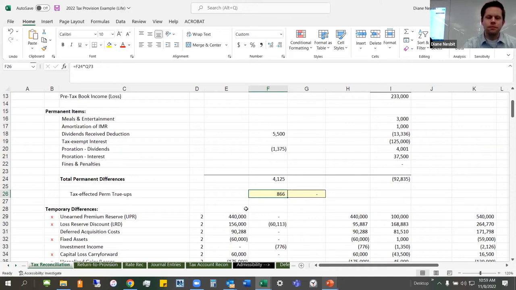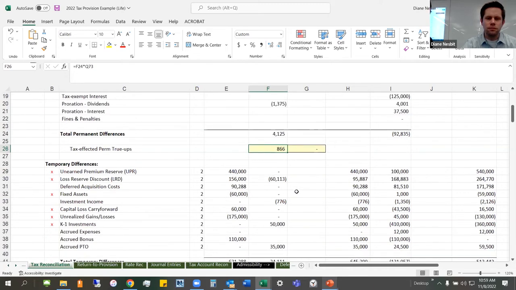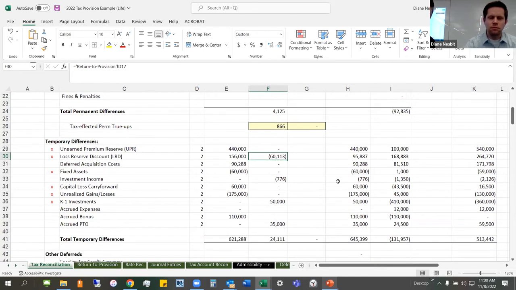The second purpose is on the deferred side, on these temporary differences. If I was wrong on the calculation of my temporary differences, not only do I need to true that up in this year's expense, I also need to make sure that here in column H my beginning deferred balances are what they should be. Because at provision time, again, I used some estimates and I was a little bit off.